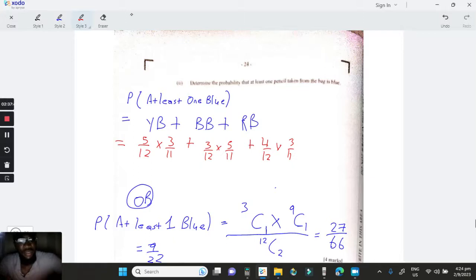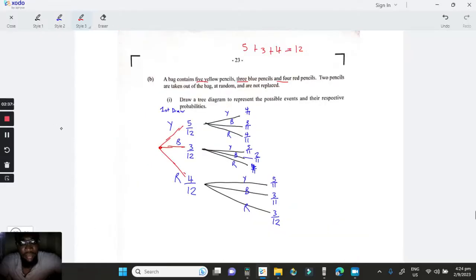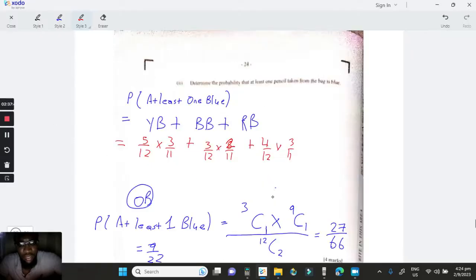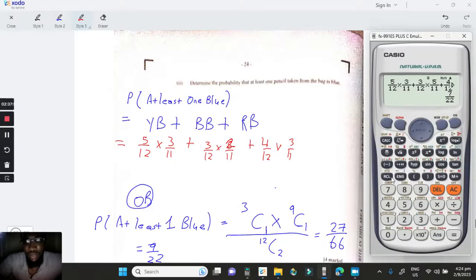You see why it's good to look over? This was supposed to be 2. Then if we get red, then blue, 4, then 3. So sorry, this was supposed to be a 2. It's good to check over. You don't have time to check over in pure math. You're going to have to make sure you don't make as many mistakes as I do here. You're going to have to be quicker.